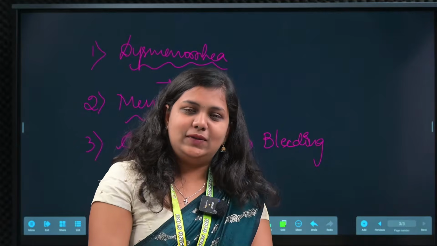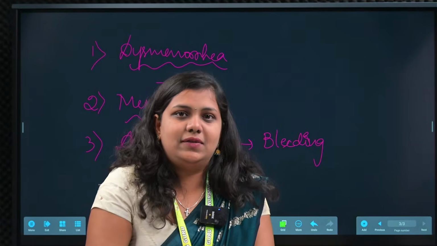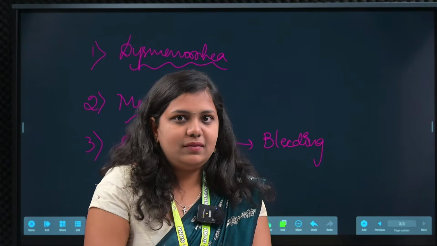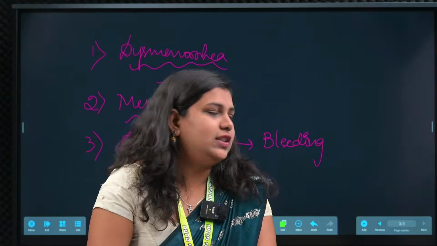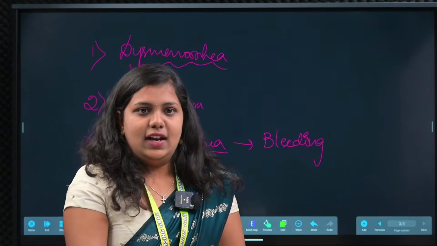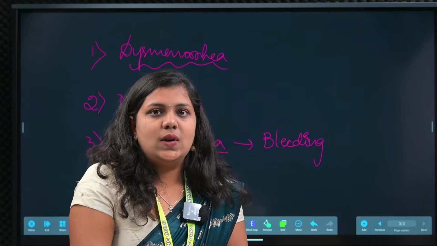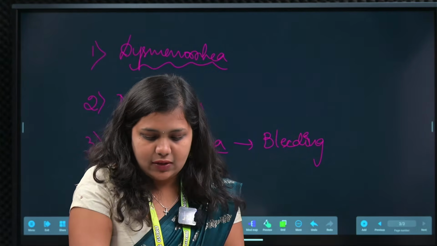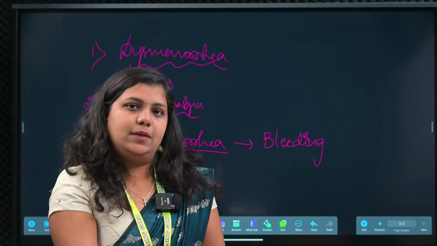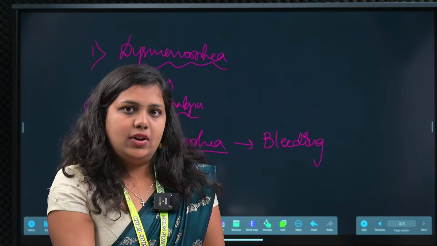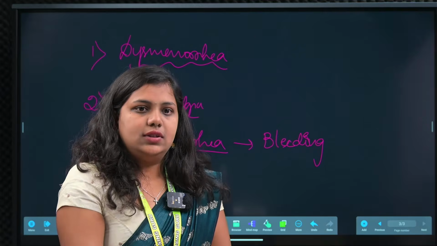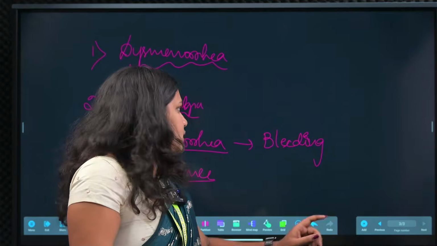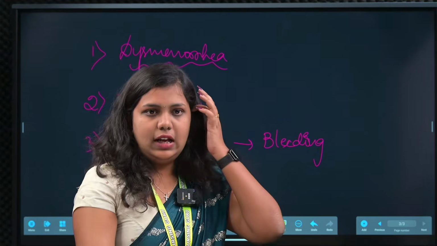Because of this workload or pressure from their lifestyle pattern, they'll have irregular menstruation, or amenorrhea. Another cause is hormonal changes in our body. Then also PCOS, polycystic ovarian syndrome, or changes because of hormonal imbalance in our body, we can see the absence of menstrual bleed.